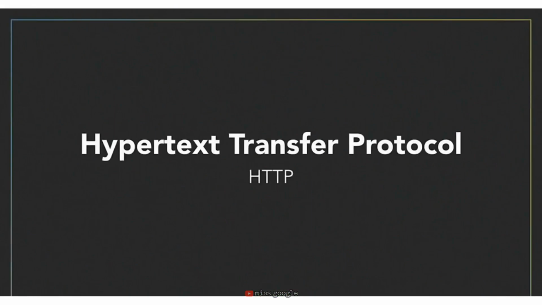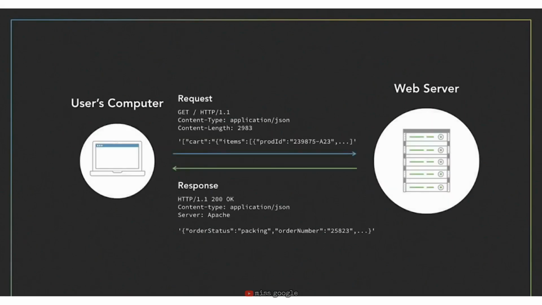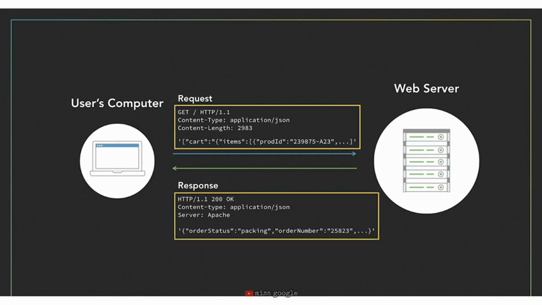Website data is exchanged using the Hypertext Transfer Protocol, or HTTP for short. When a web page sends data to the back end, it creates an HTTP request that specifies the web address where it's sending the request, provides details about the request format, and includes data, usually in JSON format. When the receiving system has processed the request and has an answer, it sends a response, which can include its own data.